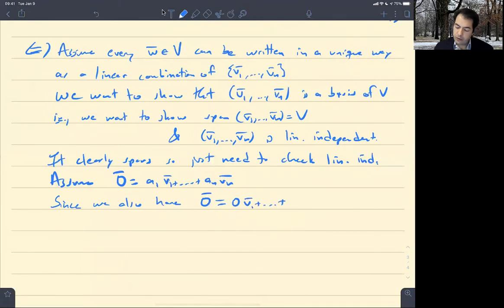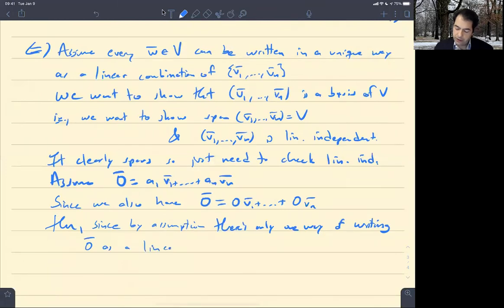Since we have the trivial way of writing zero as a linear combination, where we just put all the coefficients equal to zero, then since by assumption there's only one way of writing zero as a linear combination of this list, v1 through vn.